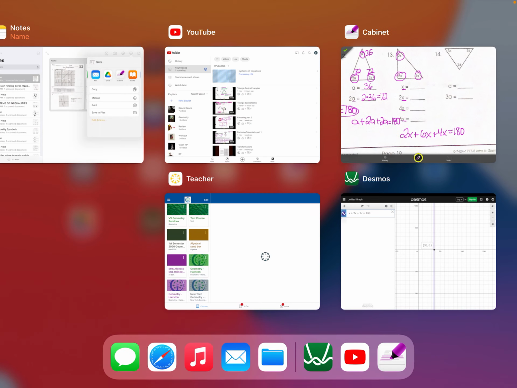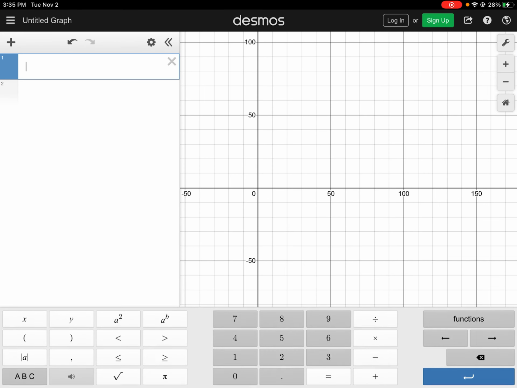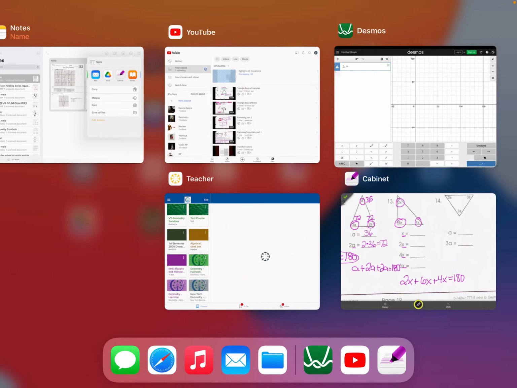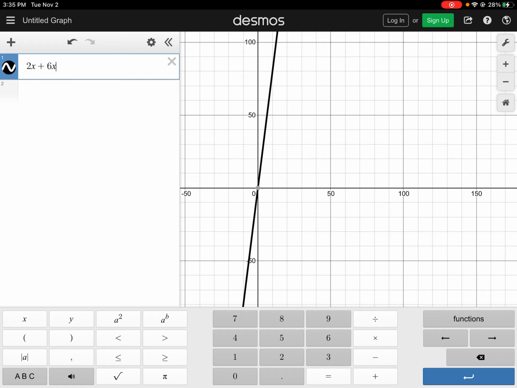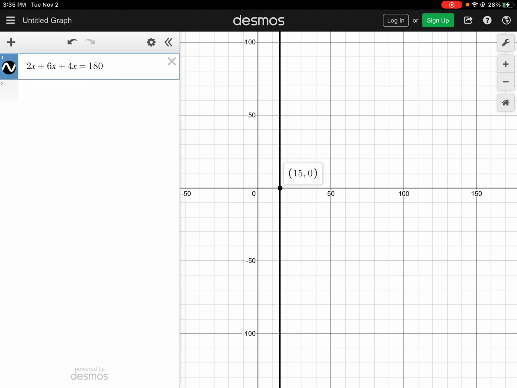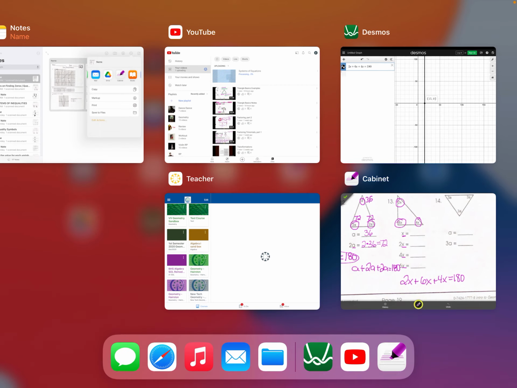So that's where Desmos is our friend. So 2x plus 6x plus 4x equals 180. Tap. So x turns out to be 15.